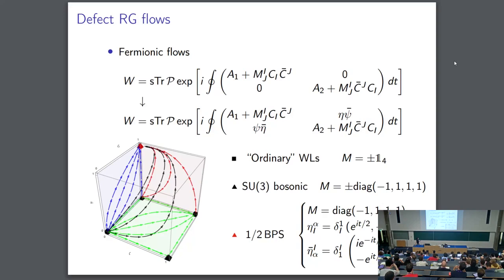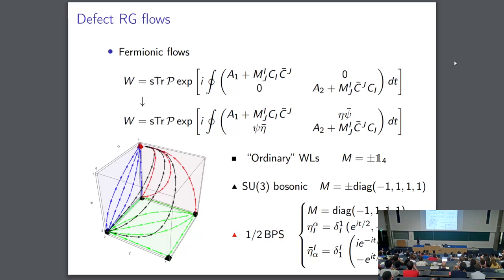And if we turn on fermions, we leave this plane. So we go in the z direction of this plot. And we see that what seemed to be fully attractive or fully repulsive, actually here, in this fully attractive one, you actually flow away. So it's not a global fixed point.